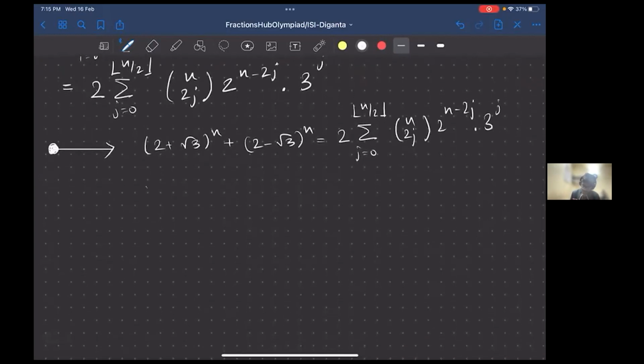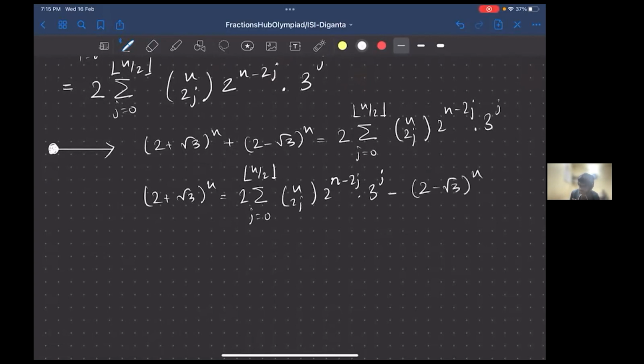So (2 plus root 3) whole power n, this equals what? Twice the sum of n choose 2j, 2 to the power of n minus 2j, 3 to the power of j, minus (2 minus root 3) whole power n. Remember that 2 minus root 3 is something between 0 and 1.